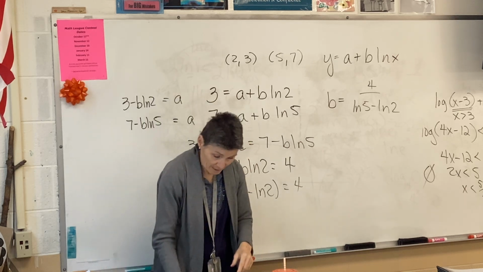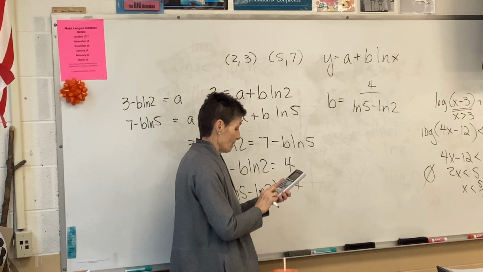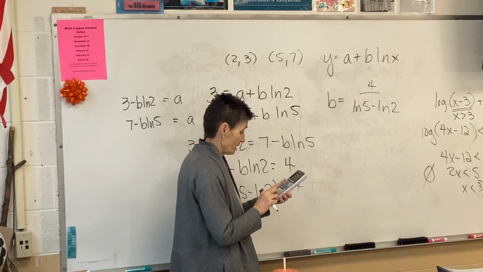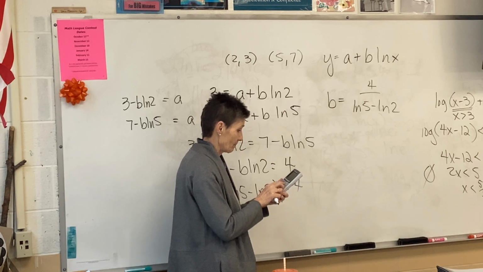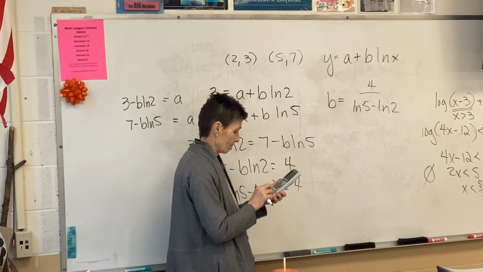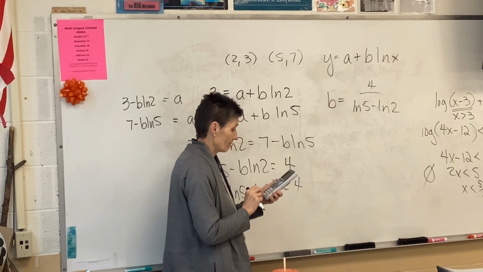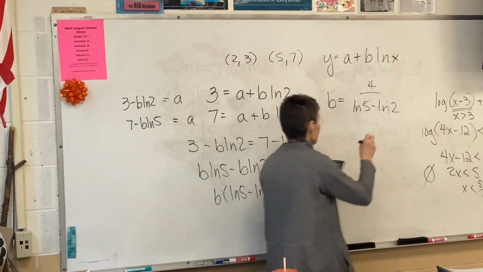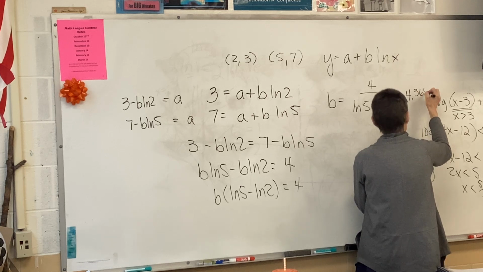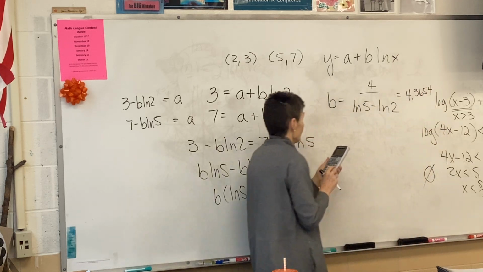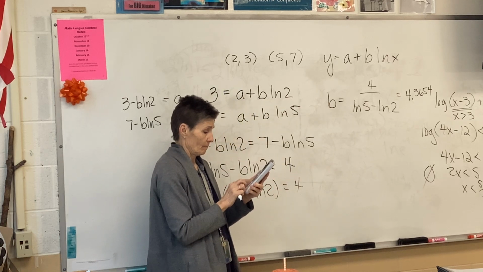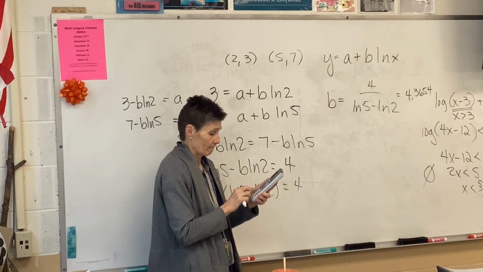So I can go ahead and type that in. 4 divided by ln... And if I did it right, I got 4.3654. I would love to have somebody confirm that.